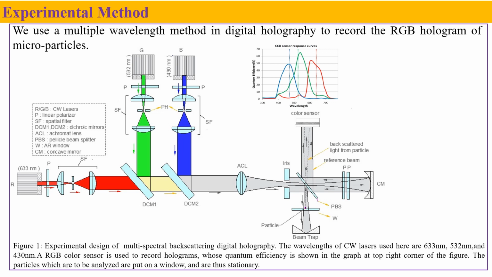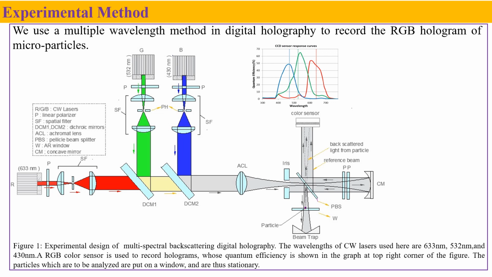Here we use a concave mirror, CM, to collimate the reference beam, and two polarizers, named PP in the figure, to balance the intensity of the reference beam according to the intensity of the object beam. The quantum efficiency of the color sensor we used is shown in the top right corner of figure 1.